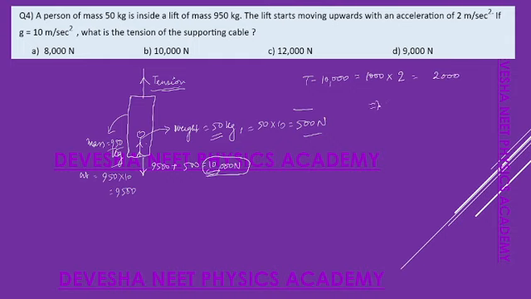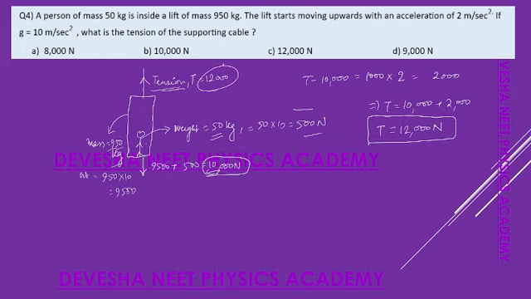So T is equal to 10,000 plus 2,000, which is 12,000 Newton. So T is equal to 12,000 Newton, which will be the tension in the rope. So the answer is 12,000, which is answer C.